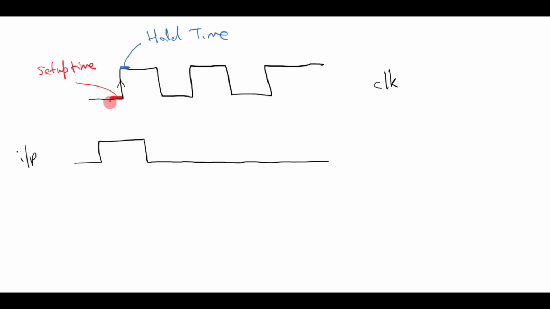Here you can see your input doesn't change during this setup time, as well as it also doesn't change during this hold time. So your input is stable, and you can say there is no timing violation in this case.